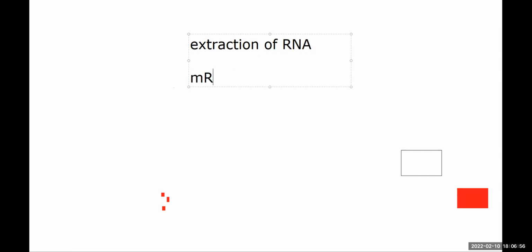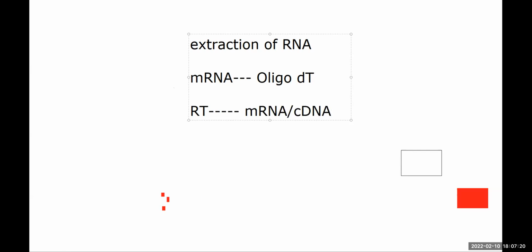To get to mRNA, you need oligo dT. And then you need reverse transcriptase as the first enzyme. This enzyme produces a hybrid of mRNA and cDNA. Then you want to remove the mRNA because you are interested only in cDNA. So you need another enzyme called RNase H.